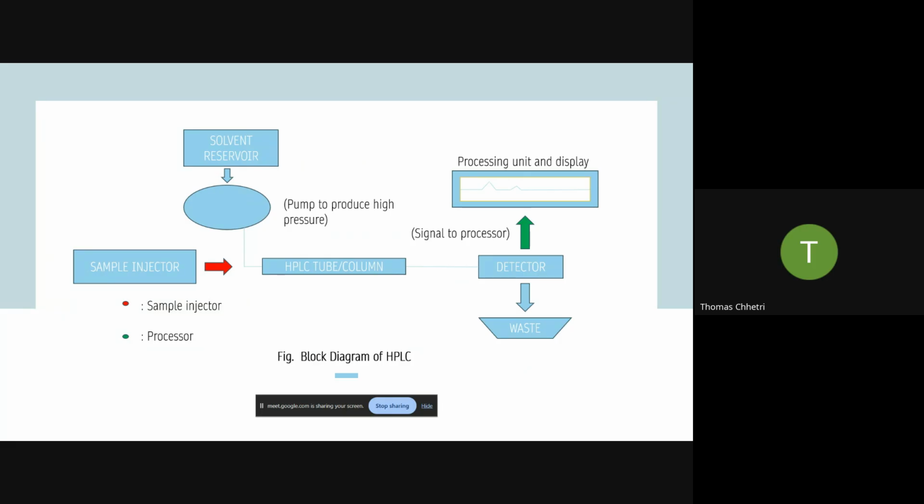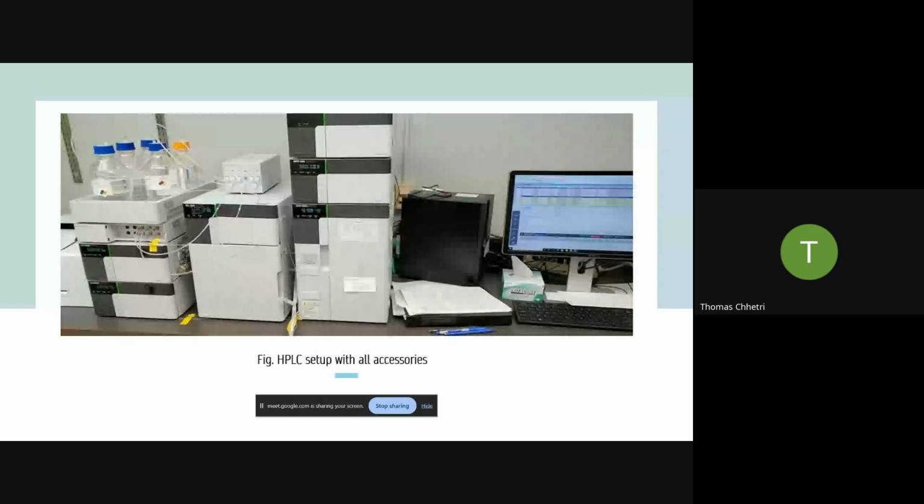We can see sample injector part. We can see HPLC tube or column, and it goes through detector, and one part goes to waste and the other part goes to processing unit and display. This is the visual representation of how HPLC looks like in reality.